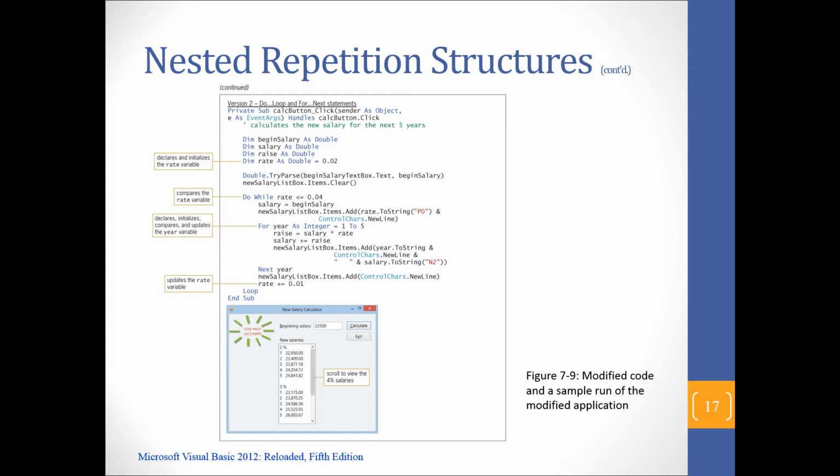This is really useful, especially later on when we deal with arrays, in the next chapter and the chapter after that. If you want to print out a table of data, then you will have to use a nested loop. We'll learn that next time.